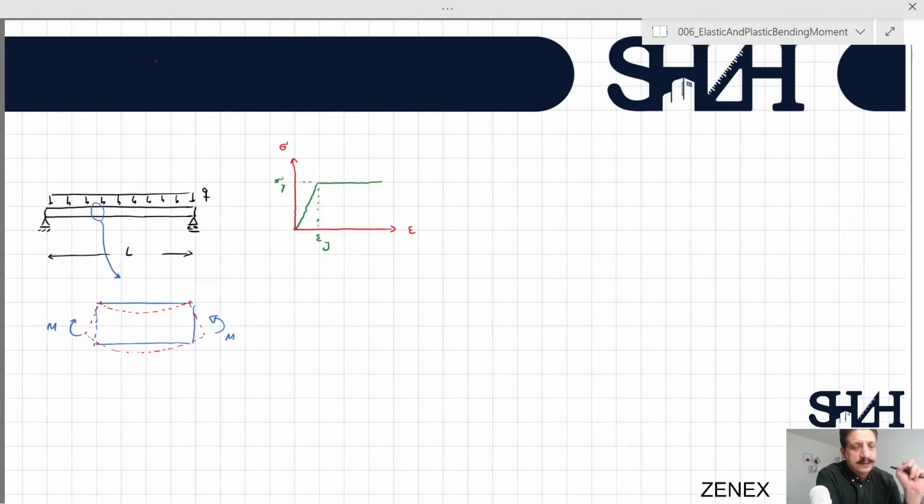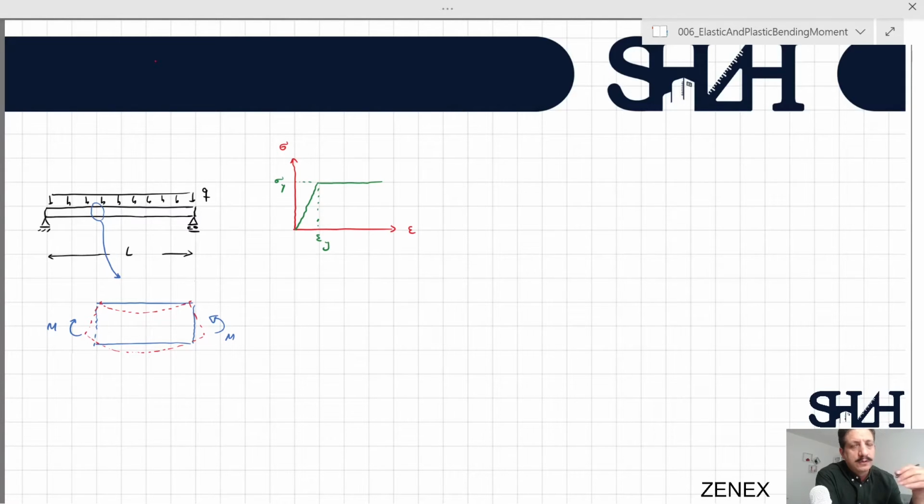The difference is that if we have a very deep beam compared to its length, then the shear would also affect, and that beam is not an Euler-Bernoulli beam. It is called a Timoshenko beam, and then the deformation and the equations would be completely different.